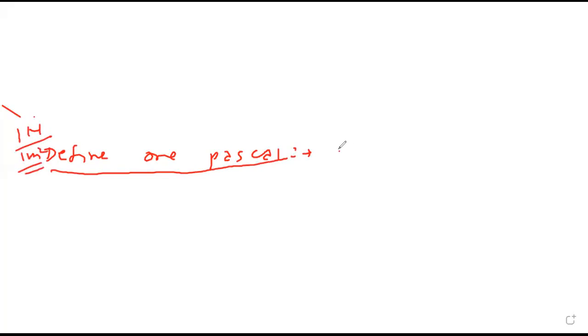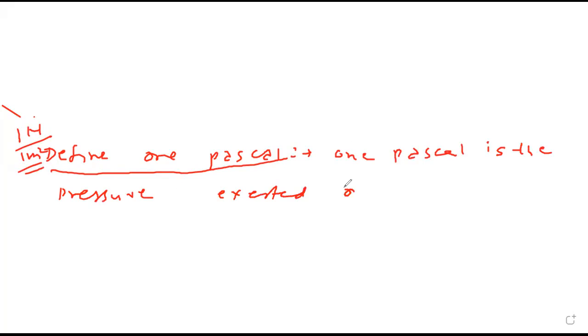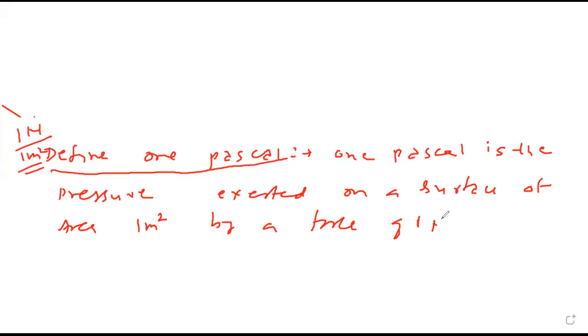So I can say 1 Pascal is the pressure exerted on a surface of area 1 meter square by a force of 1 Newton acting normally.